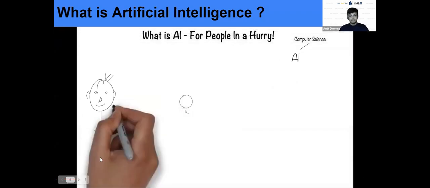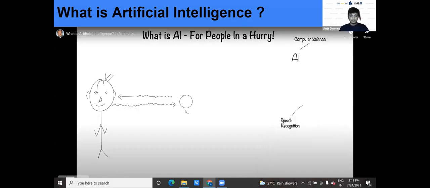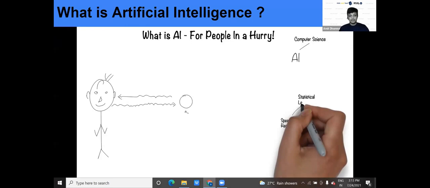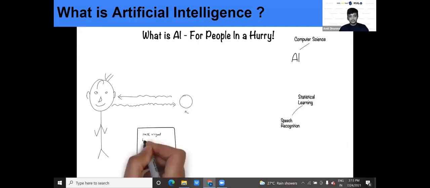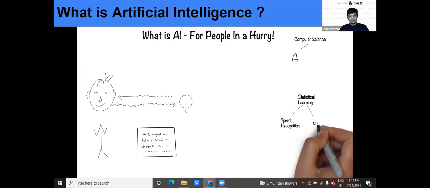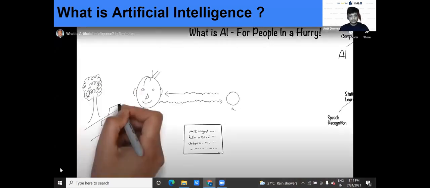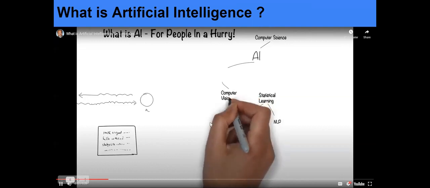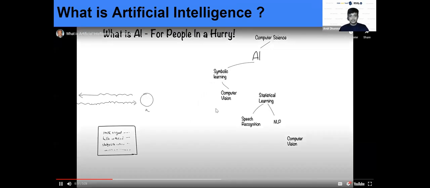Humans can speak and listen to communicate through language. This is the field of speech recognition. Much of speech recognition is statistically based, hence it's called statistical learning. Humans can write and read text in a language. This is the field of NLP, or natural language processing. Humans can see with their eyes, and computer vision. Computer vision falls under the symbolic way for computers to process information.